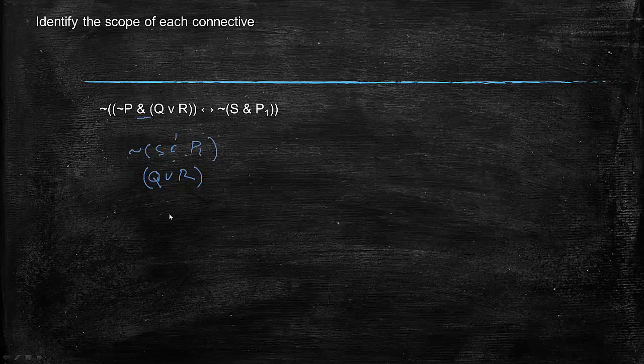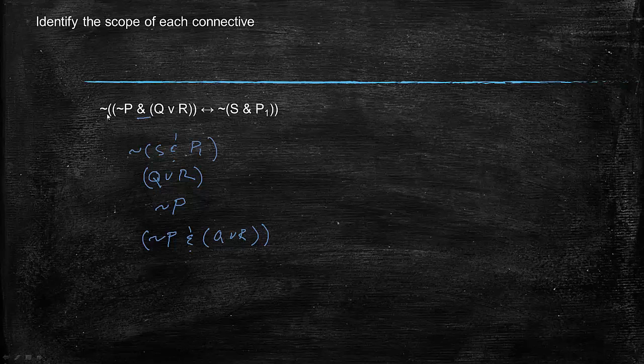Scope of this conjunction. Well, before we ask that, what's the scope of this negation? Well, smallest formula that contains it, subformula that contains that is not P. What's the scope of this conjunction? Well, smallest formula, not P and Q or R. Finally, what's the scope of this negation?